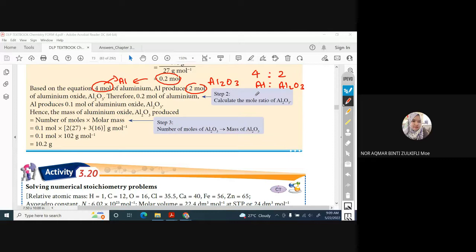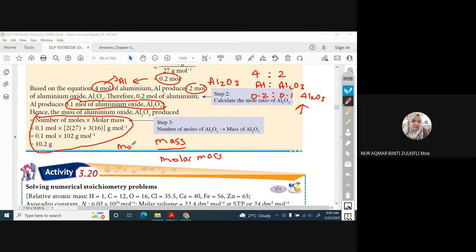So if we have 0.2 for Al, so of course we will get 0.1 for Al2O3. So automatically we get the value 0.1 mole for Al2O3. Okay. So since we have the number of mole, okay, so again use the formula mass over molar mass.